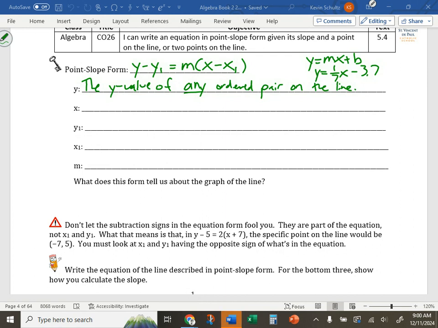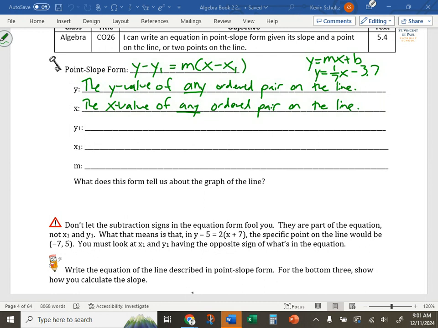In slope-intercept form, that y represents the y value of any ordered pair that's on the line. The x value is very similar. The x represents the x value of, again, any ordered pair on the line. Okay? Again, just like slope-intercept form.